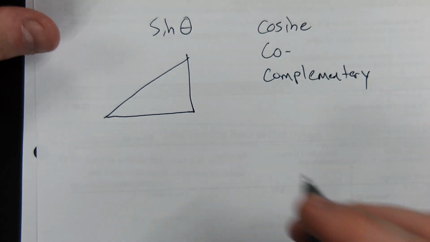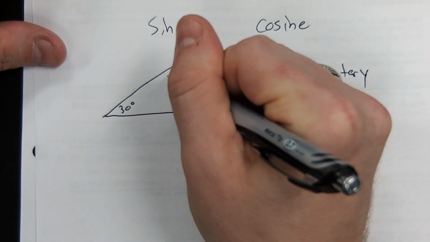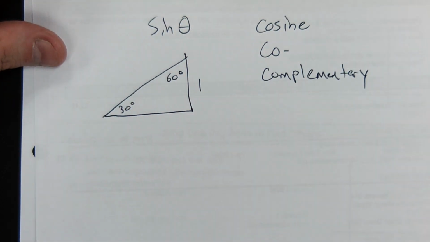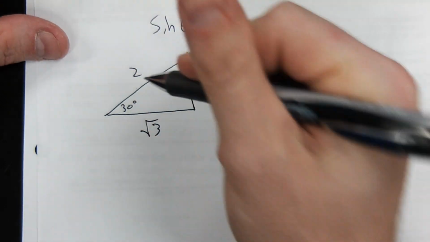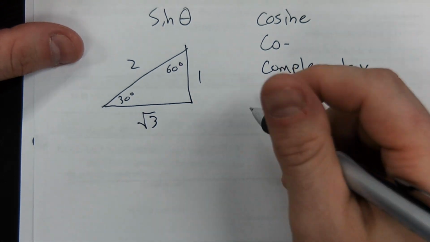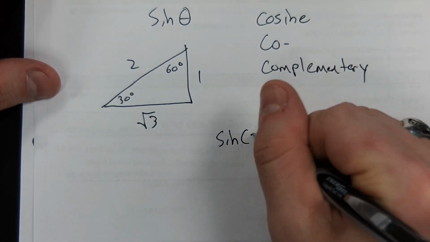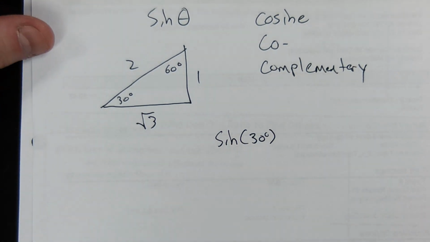And the reason why it was chosen, let's take a 30, 60, 90 real quick. 1's always across from a 30. We've got a root 3 here. We got a 2 here, right? If I asked you to do the sine of 30 degrees, it'd be y over r.